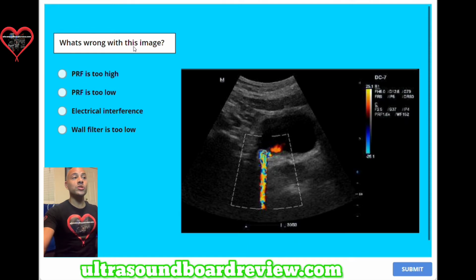Question 24. What's wrong with this image? A. PRF is too high, B. PRF is too low, C. Electrical interference, or D. Wall filter is too low?